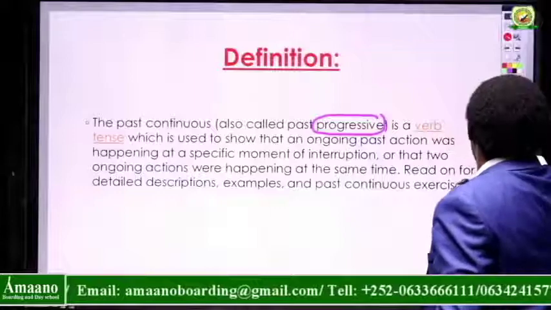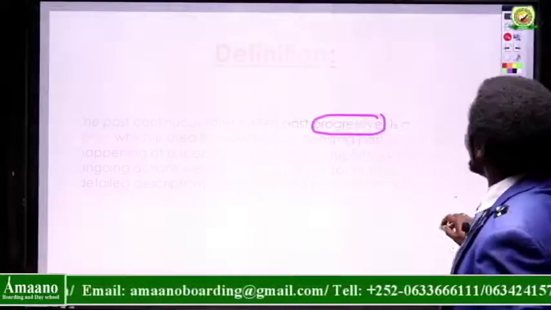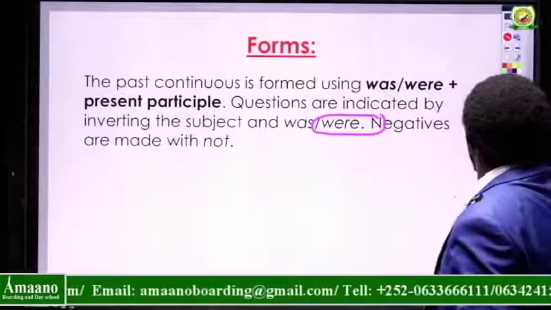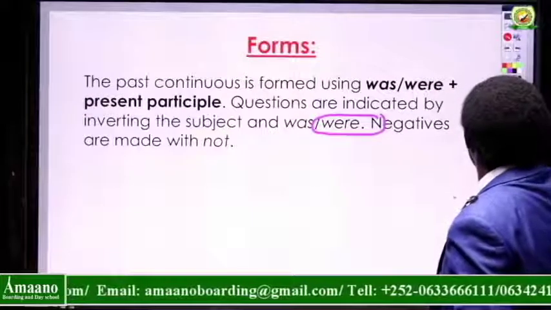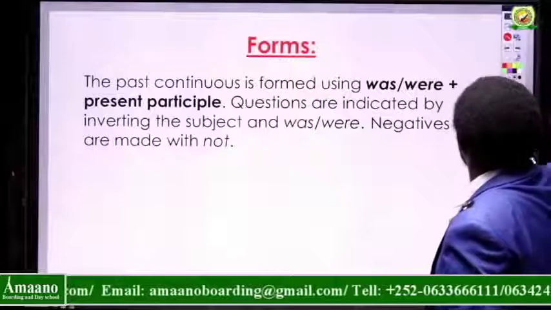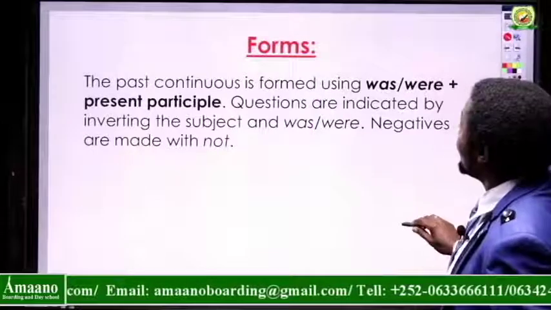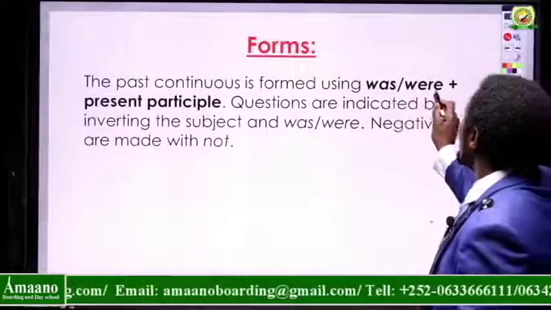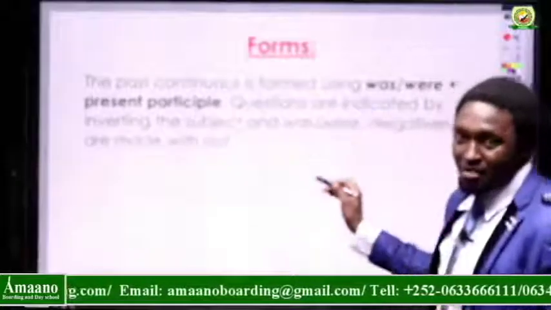Good. Now, the forms of the past continuous tense. The past continuous tense is formed using was and were. That is why we did a recap on that.